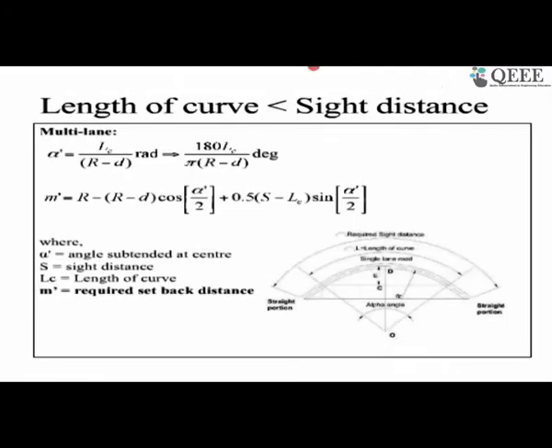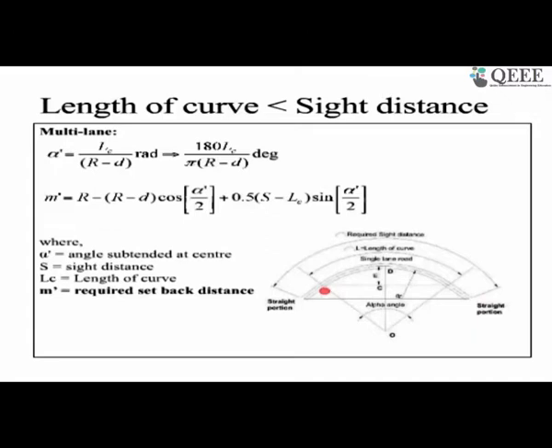Now the situation is different when the length of the curve is actually less than the sight distance. So what is going to happen? You need to see the object while you are still in the tangent portion, and in this case you have the distance which comprises your tangent portion as well as the curve portion and again the tangent portion.